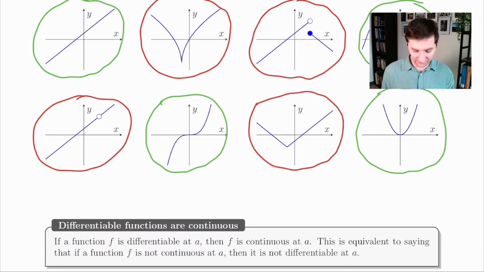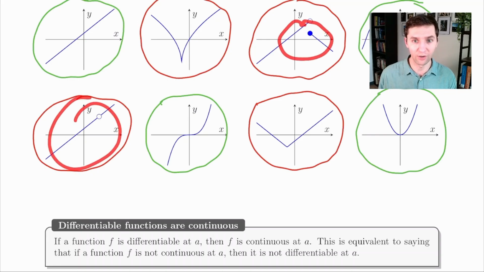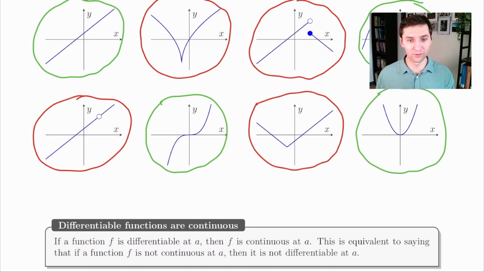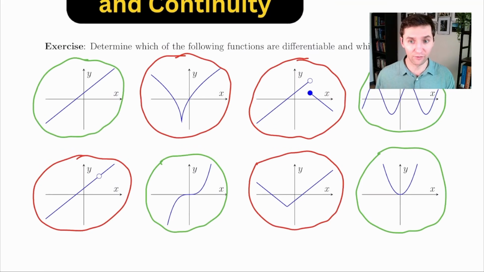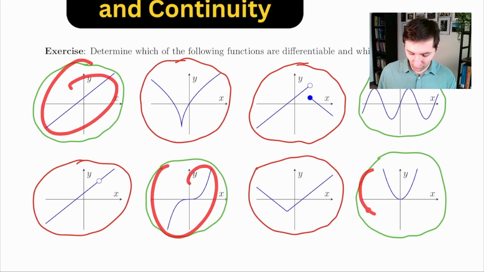If a function is differentiable, if the derivative exists, then the function is continuous. On the other hand, if the function is not continuous, then it cannot be differentiable. Just like in the examples above, these two examples were not continuous, they couldn't be differentiable. And the differentiable examples were all continuous.